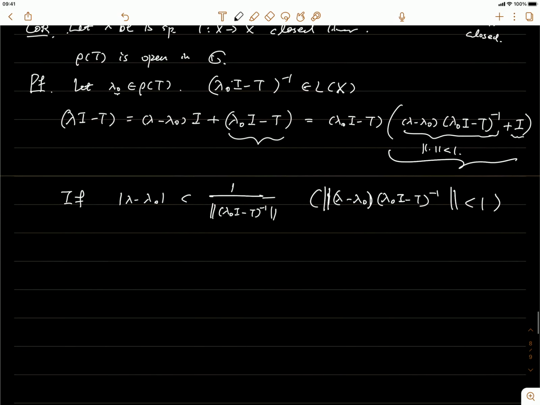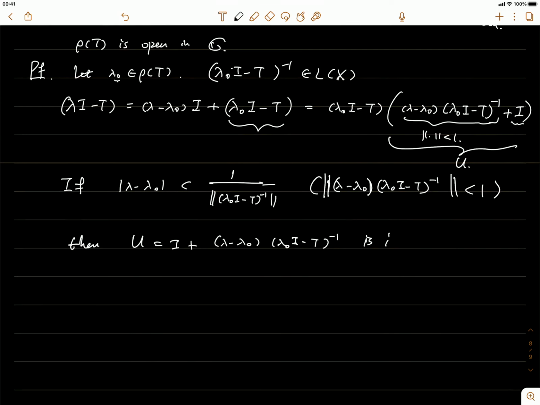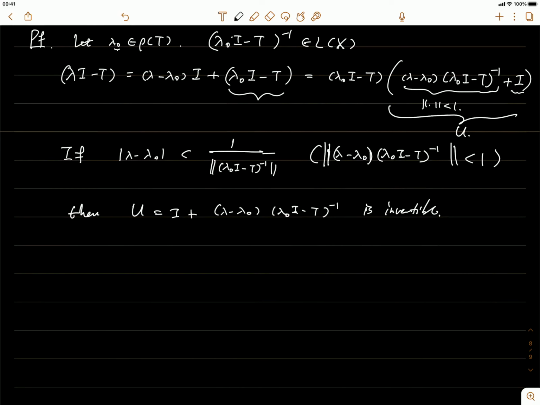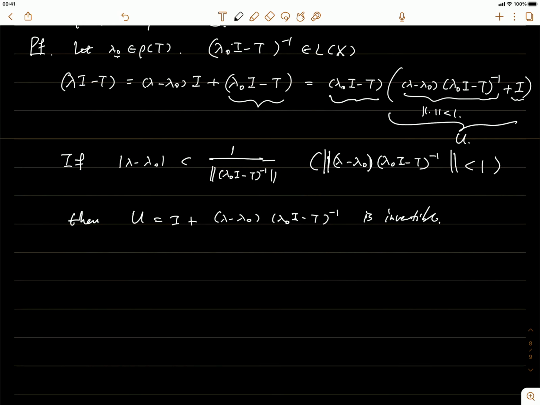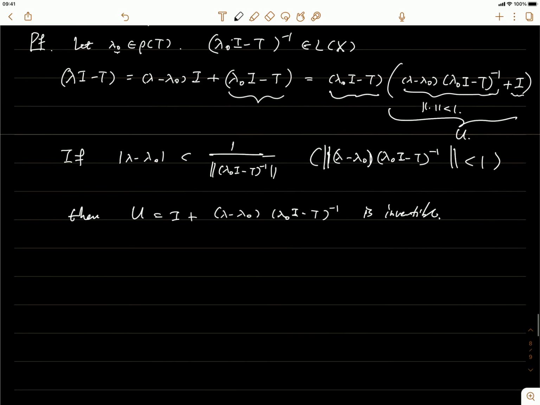So let's call it, say, U. If this is the case, then U, which is defined to be I plus (lambda minus lambda naught) times (lambda naught I minus T) inverse, is invertible. And then we know that lambda naught I minus T is invertible as well because lambda naught is in the resolvent set. So if both are invertible, then the product should be invertible.